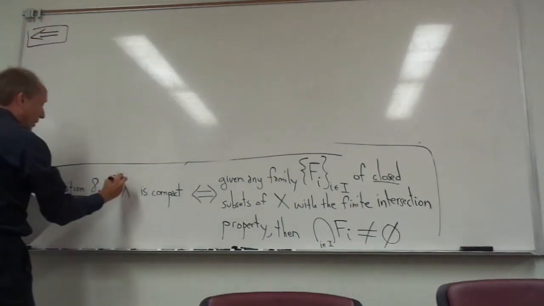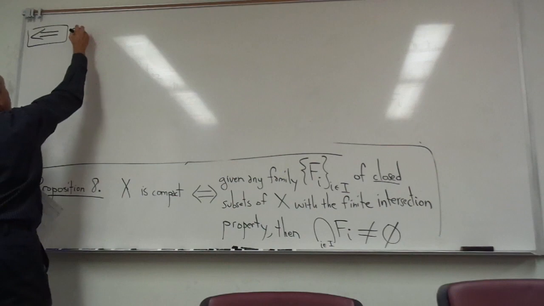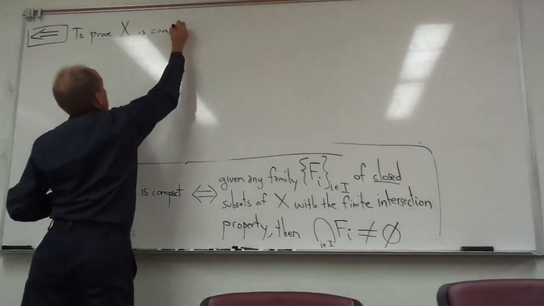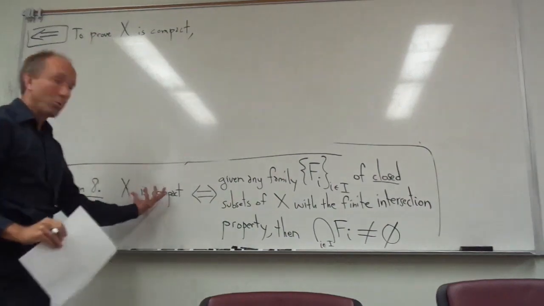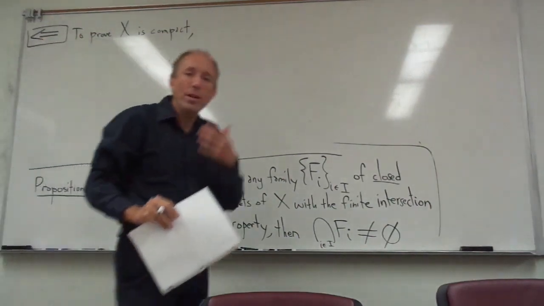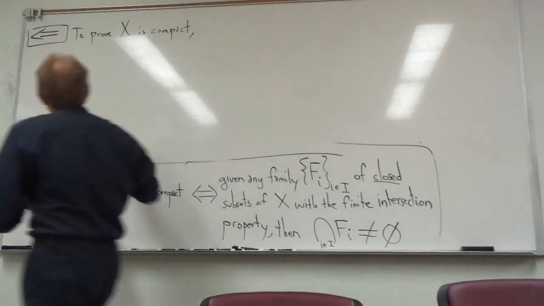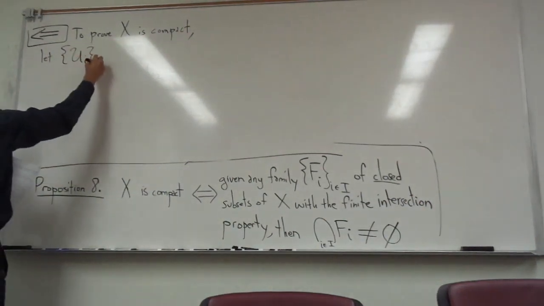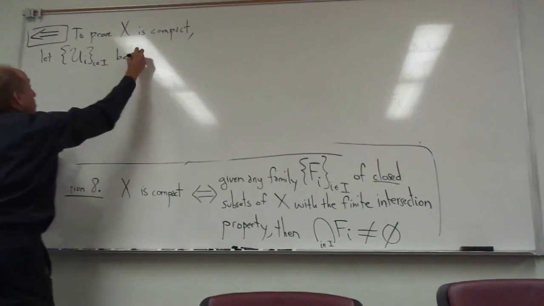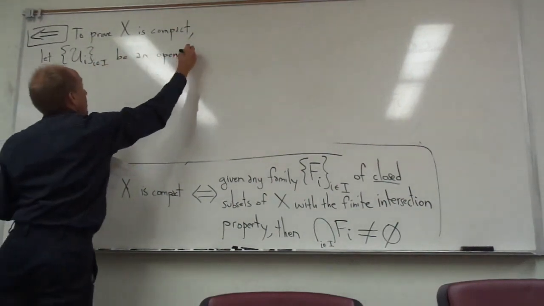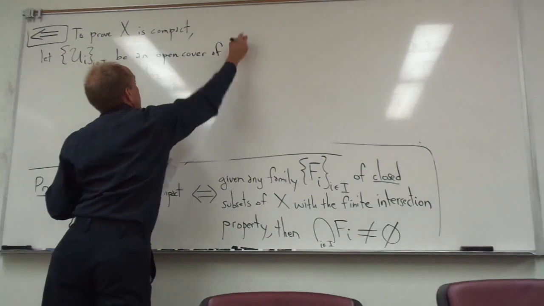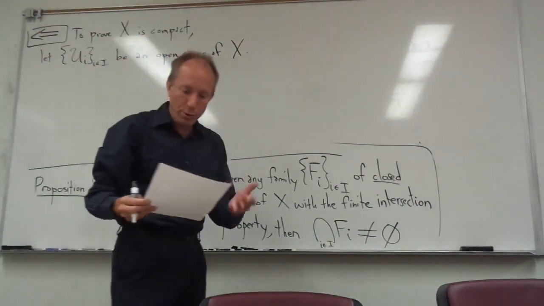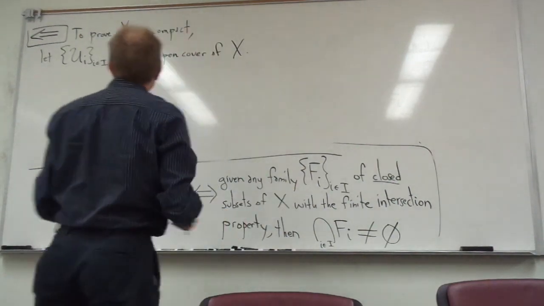So, to prove that X is compact, I have to start with an arbitrary open cover. So let's let the set of u sub i, where i is in some index set, be an open cover of X. Our job is to produce a finite subcover.